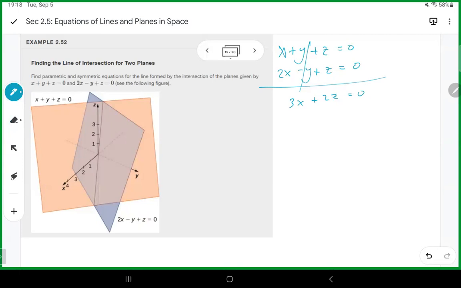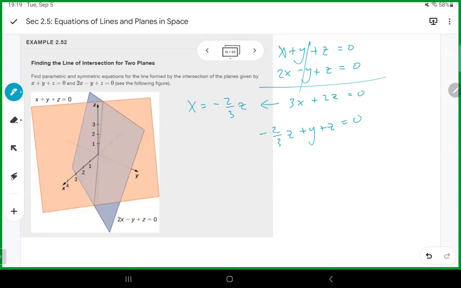So this gives us x equal to negative 2/3 z. And then if we substitute that into the first equation, we'll get 2/3 z plus y plus z equals 0.